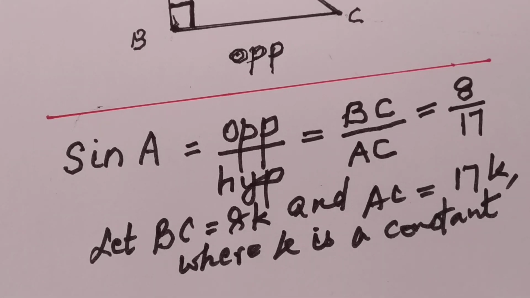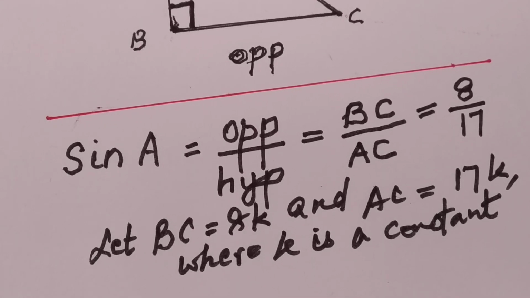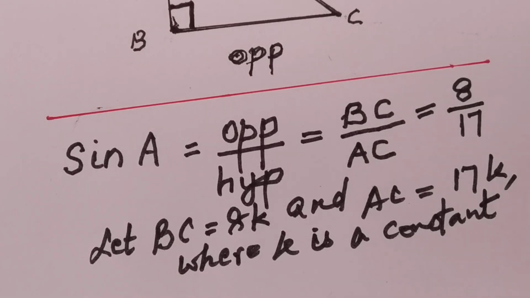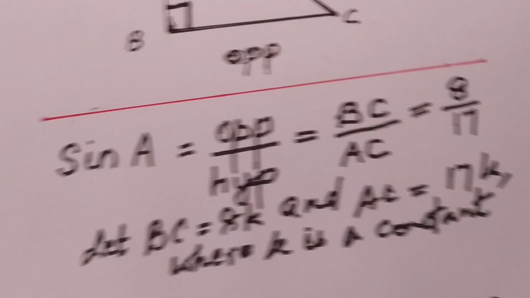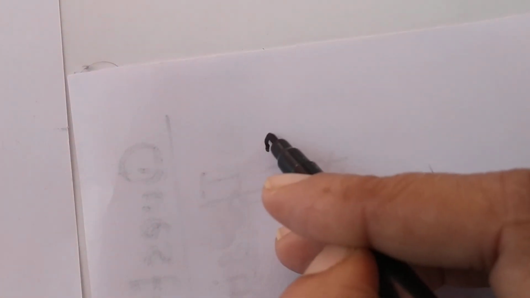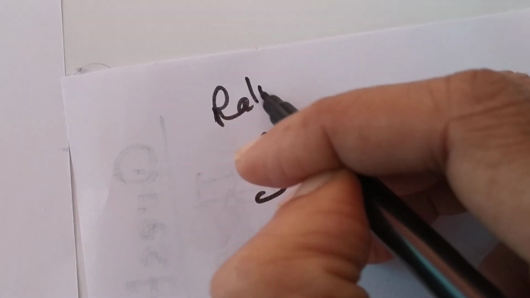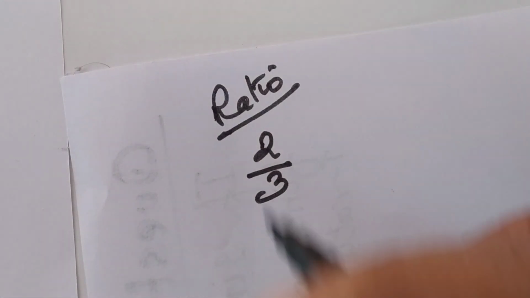Let's understand this. What is this K and why have we used it? I'll give you an example. If I have a ratio 2:3, which we write as 2 by 3, this is a ratio. This is not the actual fraction.